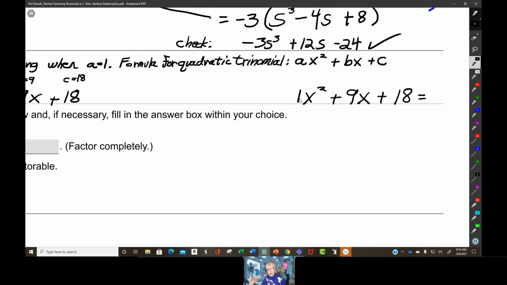When I have a 1 here, this is what I do. It has to be a trinomial. It has to be quadratic. I take the x squared and I split it up like this. Now here's what I do. Have to put this in words at least once.